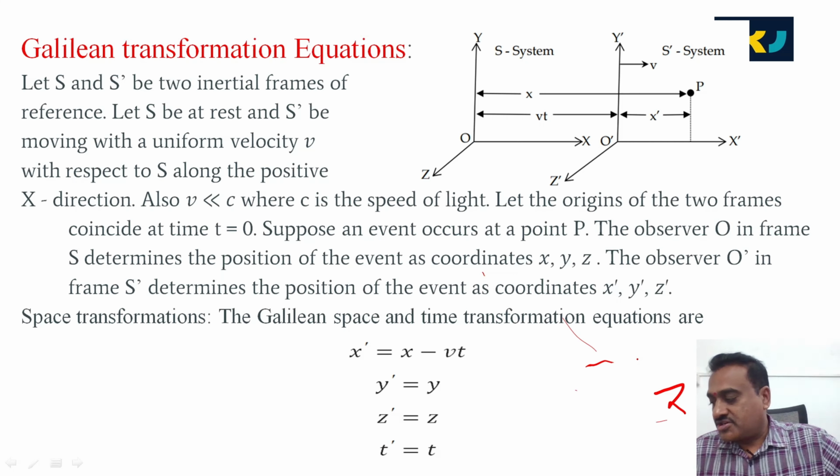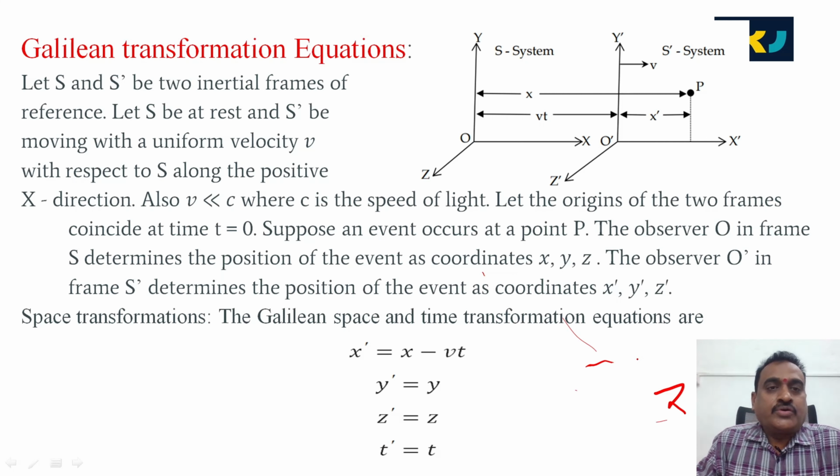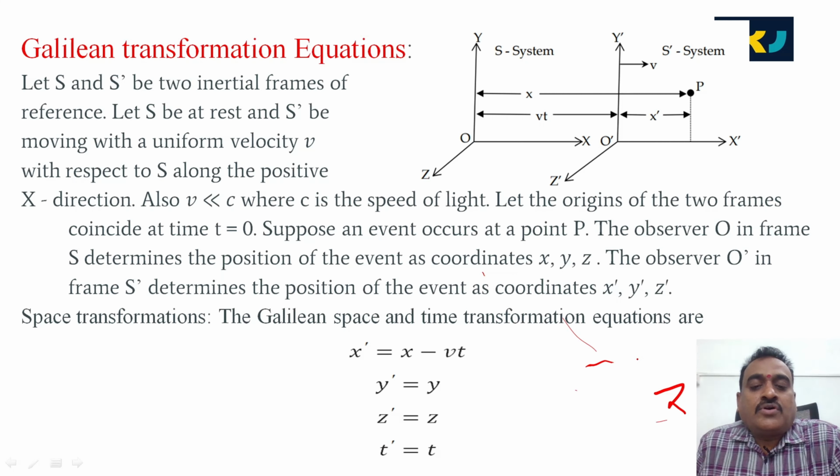Galilean transformation equations deal with objects or systems which are speeding up or slowing down with respect to one another. In our general theory of relativity we discussed the equivalence principle, and now we are going to discuss the Galilean transformation equations.